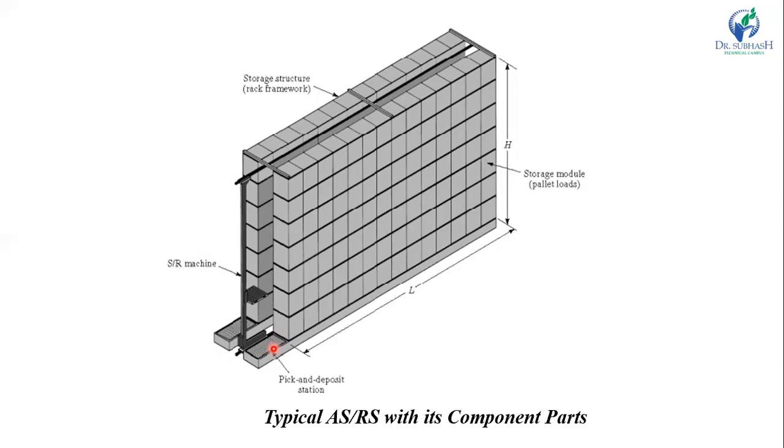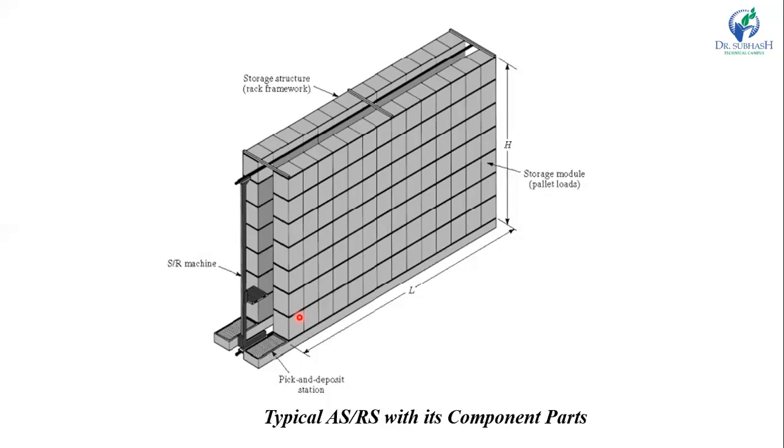The accepted ones are transported to the pickup and delivery, P&D station, with the details of pallet content communicated to the central computer. This computer assigns the pallet a storage location in the rack and stores the location in its memory.